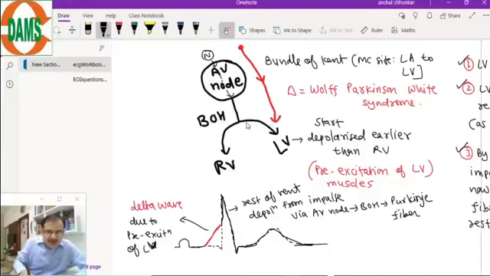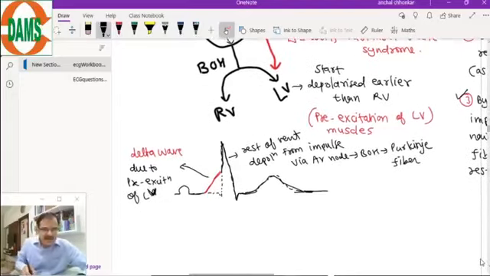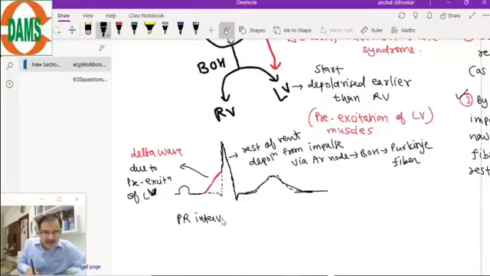So if I see the changes of WPW syndrome, number one change is PR interval is short. PR interval is short, no doubt.